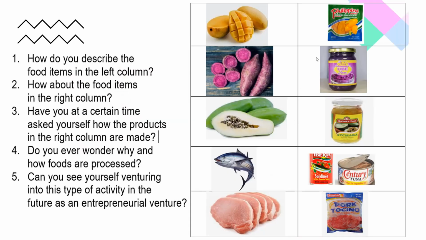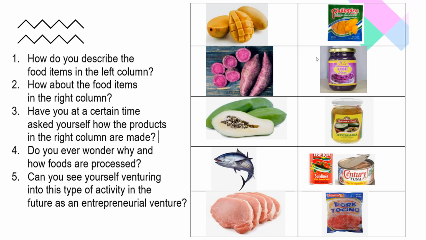But before we go through our lesson, I have here pictures. Take a look at these pictures and let us answer these 5 questions. Number 1, how do you describe the food items in the left column? You can answer while you're watching this or you can keep your answer in mind.